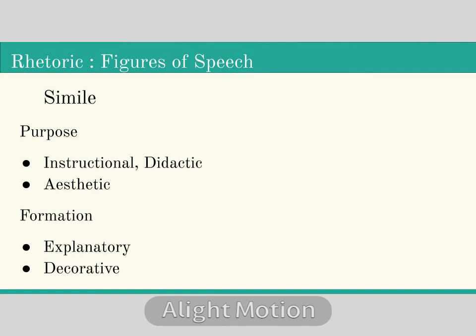So in such an instance, we will find that the expression of a similarity might have progressed from two different directions. One possibility is that the author might have tried to elucidate the lesser known or a little bit obscure entity by comparing it with a better known or more familiar entity. So in this case, the simile might be called an explanatory one, as it tries to explain a lesser known entity by comparing it with a better known entity.